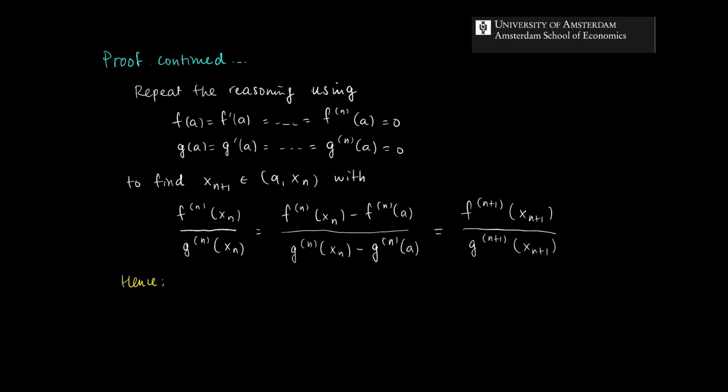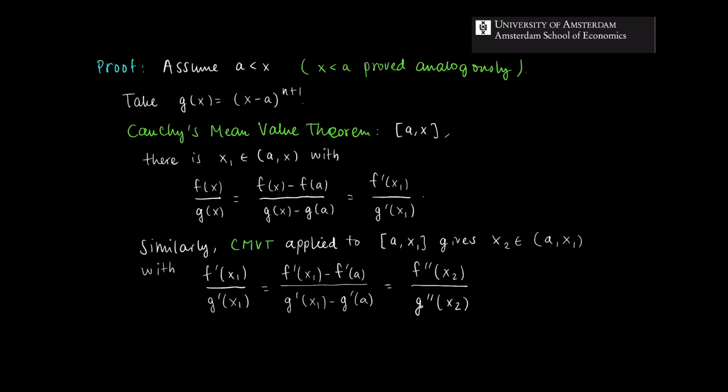So what we find is that we started with f(x) divided by g(x), and we found x_1 in (a, x), and so on, until the (n+1)th derivative of f in x_{n+1} divided by the (n+1)th derivative of g in x_{n+1}, and they are equal. So we had equality all over.